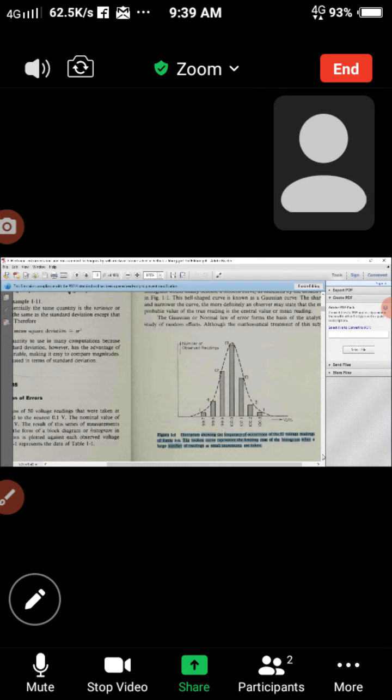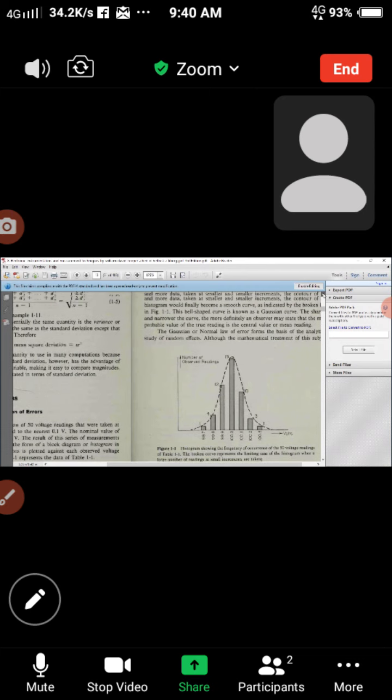That means we are taking total 50 readings. The broken line shows the probability and dark line shows actual observations. On the x-axis we are considering number of observed readings, and on the y-axis we are taking voltage.